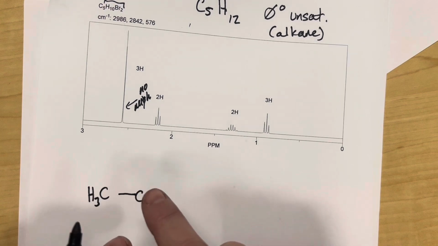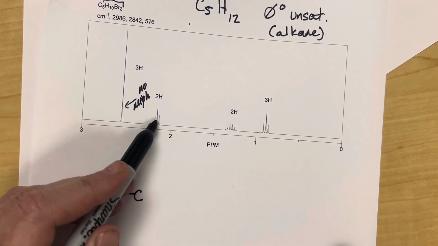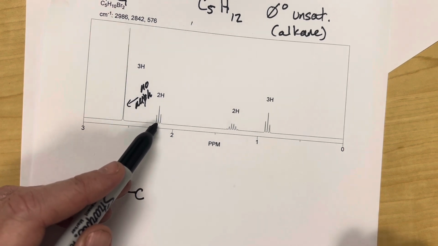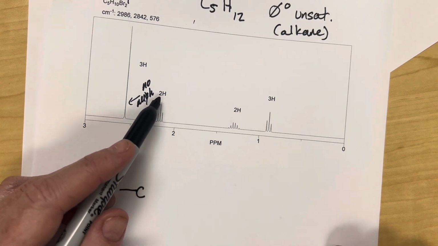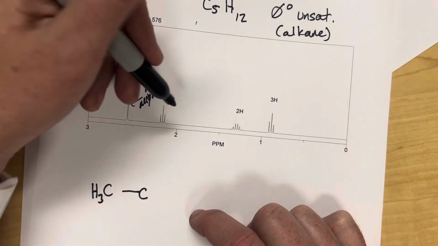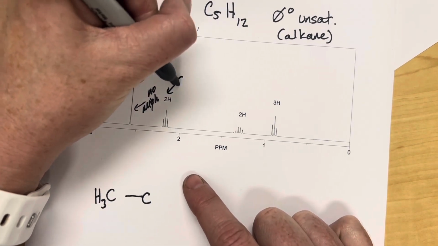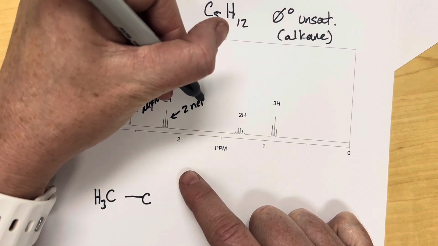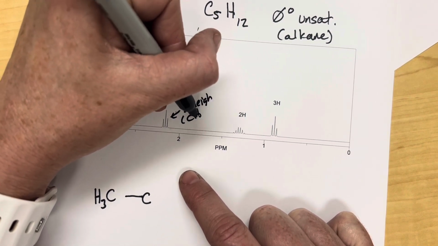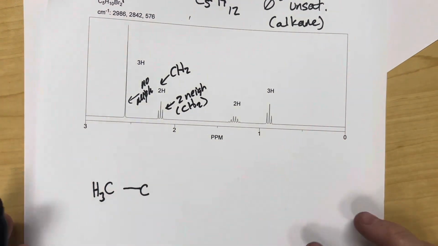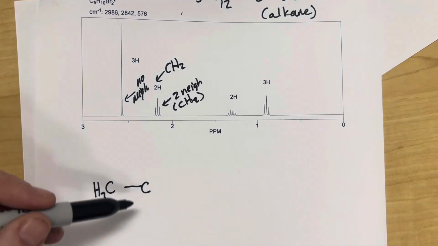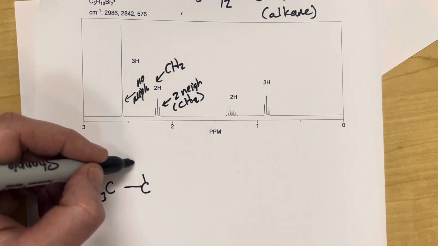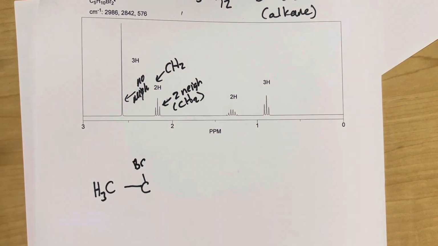The thing that's next closest to it is this one right here, and this looks to be a CH2 with another CH2 attached to it, because this is a CH2 and this is telling you that it has 2 neighbors. I don't know what's going here yet, though I can guess pretty quickly because it's so far downfield. This one has to have at least 1 bromine on it.